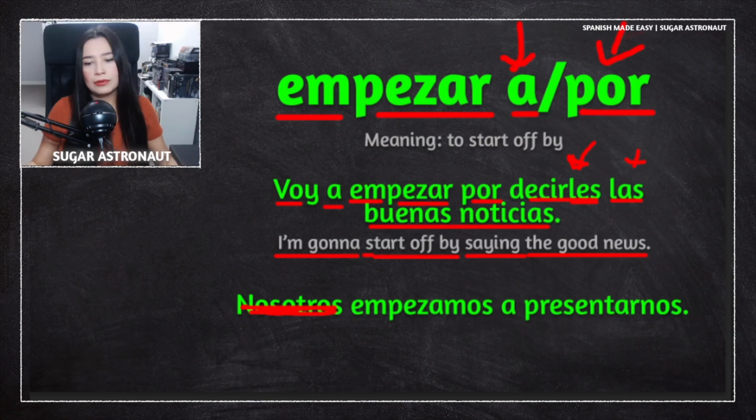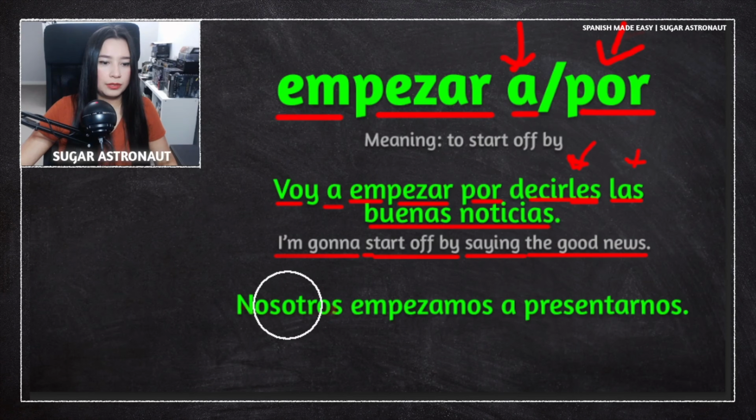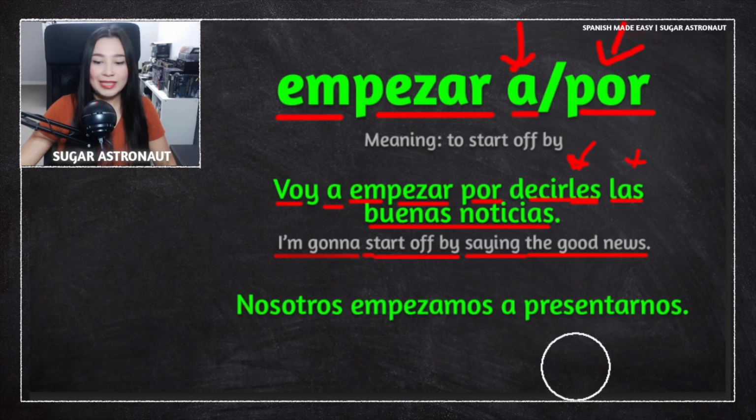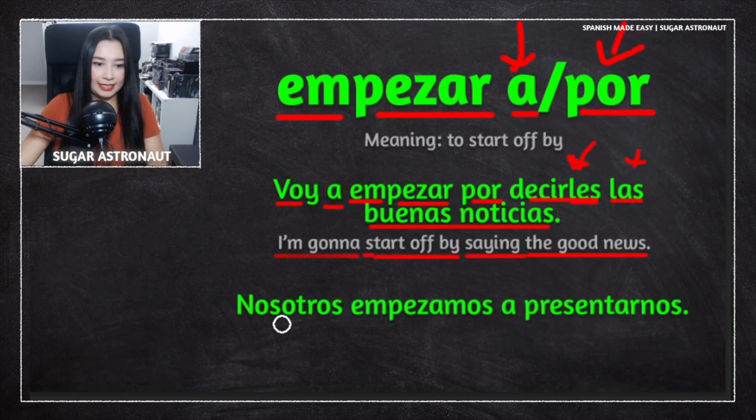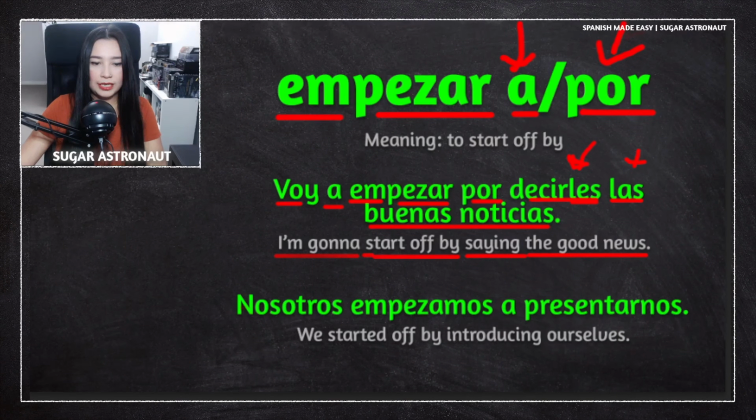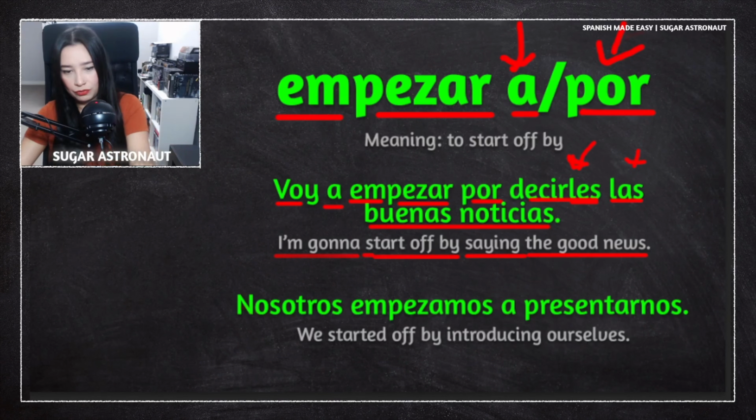But you can also say nosotros, and you might hear it as well, of course, in Spanish. So this means we started off by introducing ourselves. This phrase looks very long, like it has many long words. Nosotros empezamos a presentarnos. Okay?